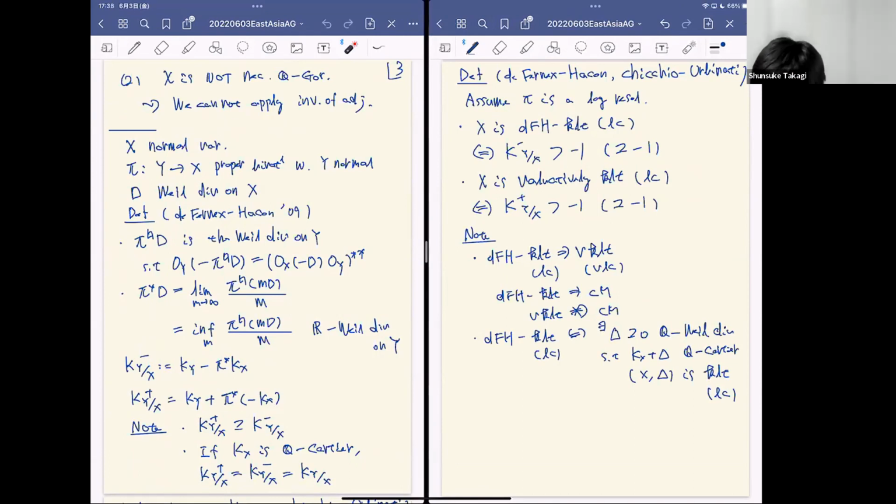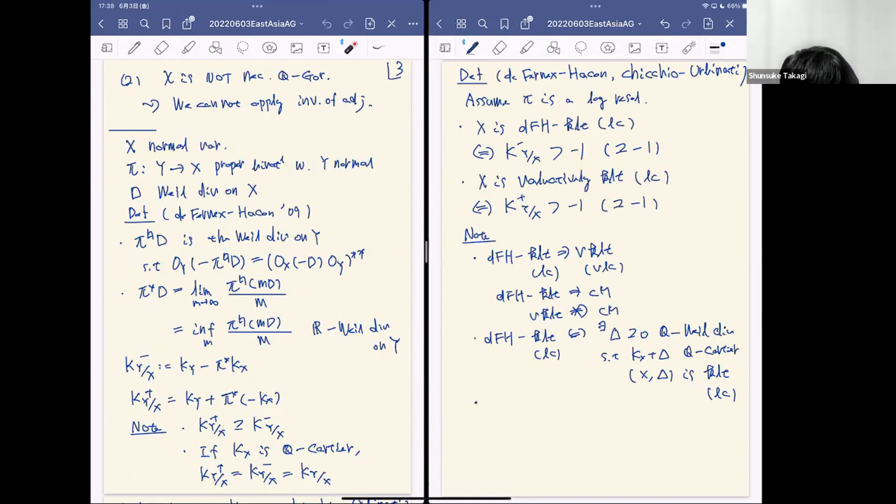So by adding some suitable boundary divisor, the pair becomes KLT or log canonical in the classical sense. Dufresne-Heycon actually proved this equivalence. In this sense, I think Dufresne-Heycon KLT or log canonical is a natural singularity.